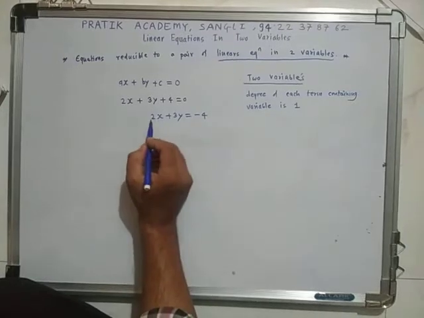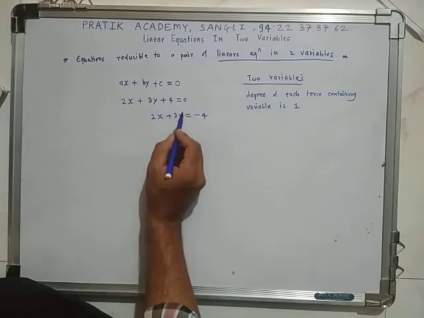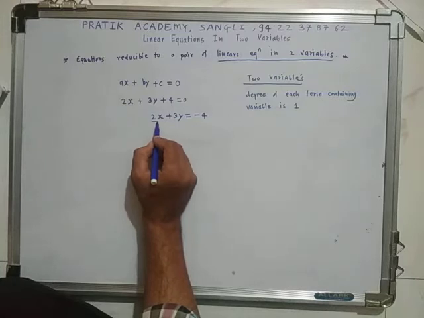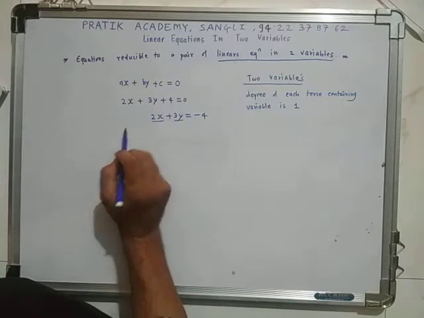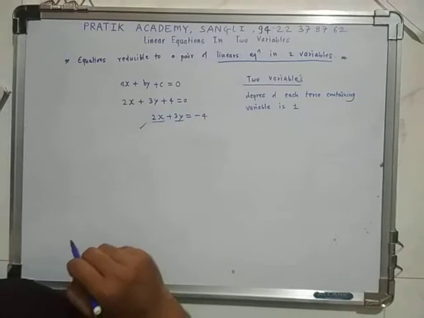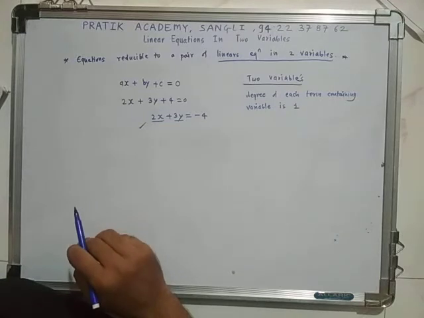We checked here: there are two variables, and the degree of each term containing a variable, here and here, is 1. So this is a linear equation in two variables.